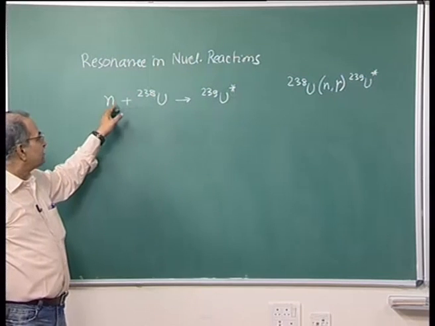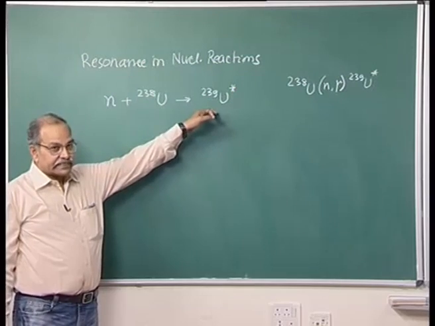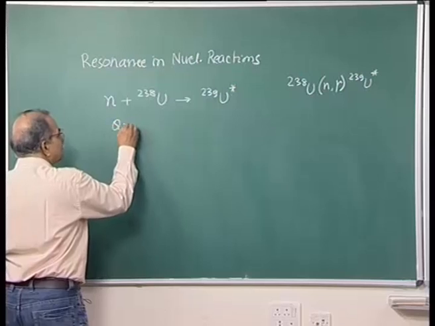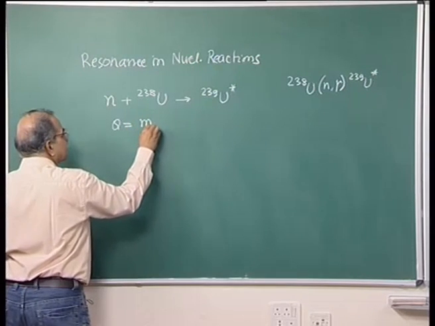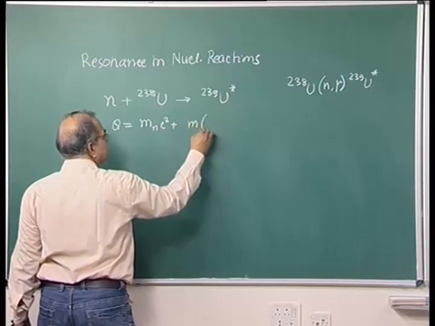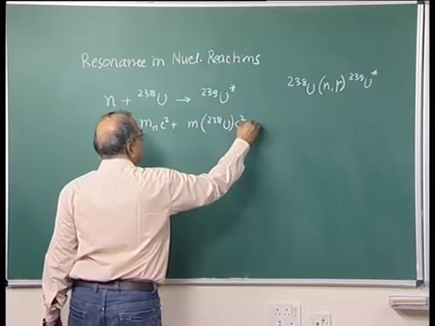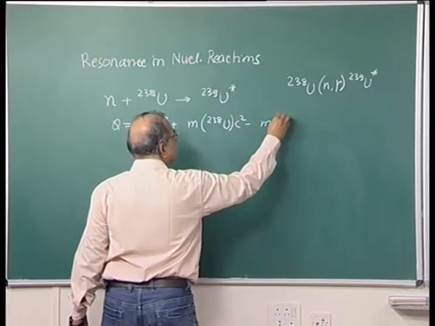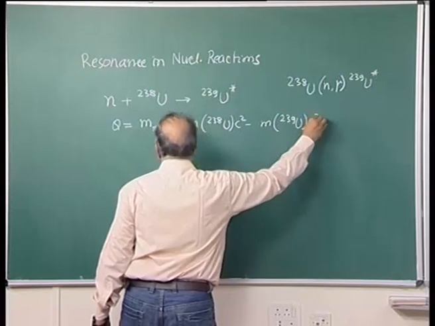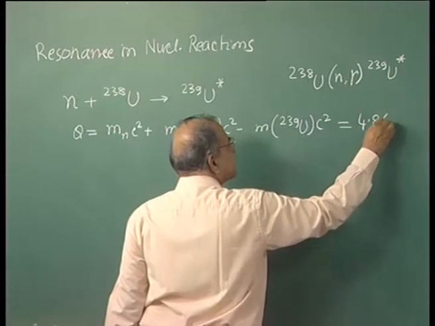The masses of the neutron and uranium-238 and uranium-239 in ground state are all tabulated, and from there you can calculate the Q value. Q value will be the mass of this neutron times c squared plus the mass of this uranium-238 times c squared minus the mass of this uranium-239 in ground state times c squared. That is the Q value, and that turns out to be positive 4.86 MeV.